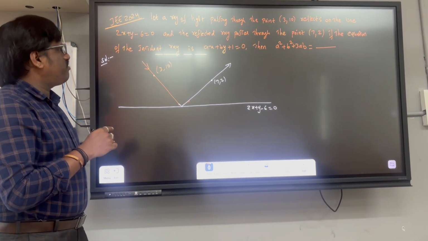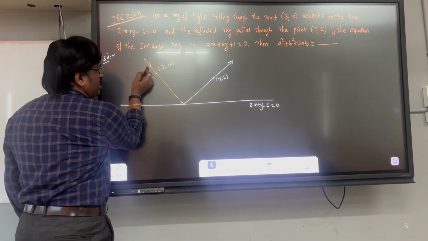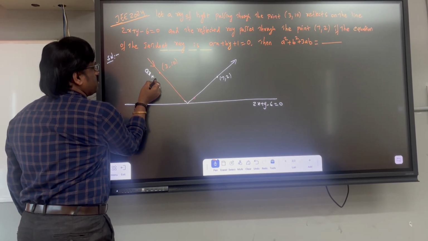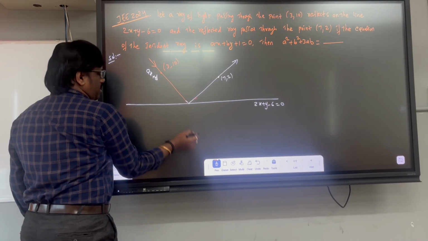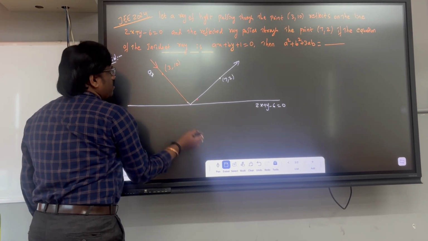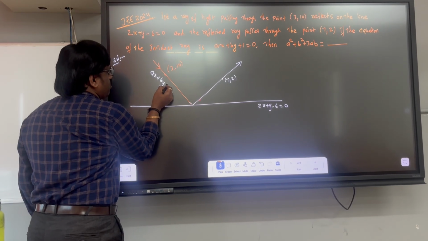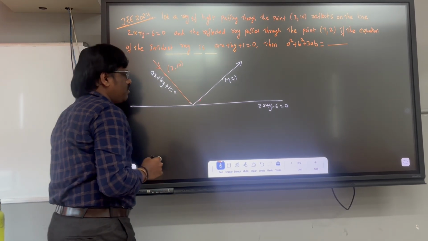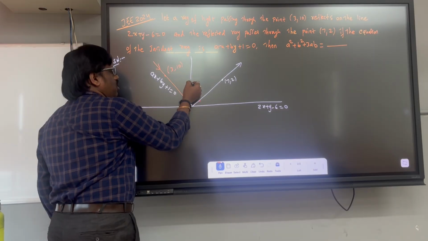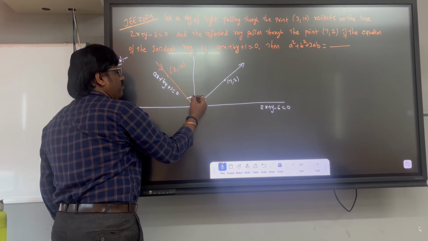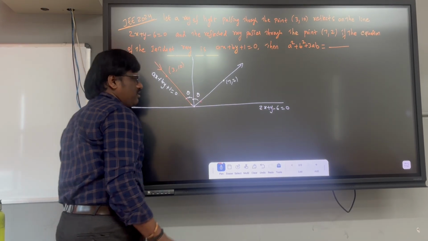If the equation of the incident ray, this is the incident ray, is given as ax + by + 1 = 0. Now this is normal to the line, so this angle will be the same, it equally divides.